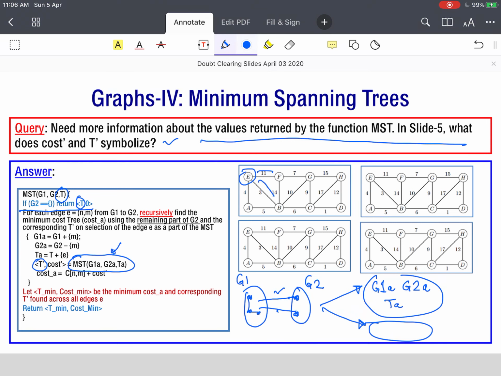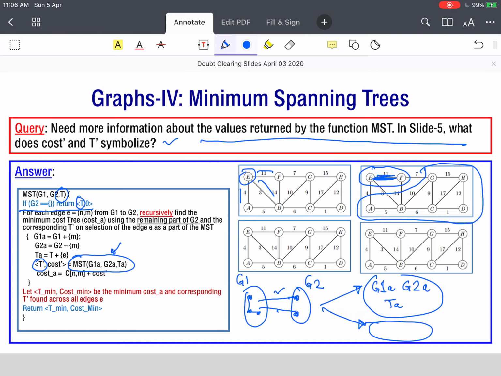Let us see here. In this case, we start with node E and we have got 3 edges. So we will recurse in 3 directions. In one, we will choose this edge, which means this will become G1A and this will become this.